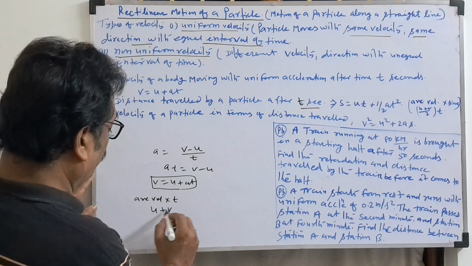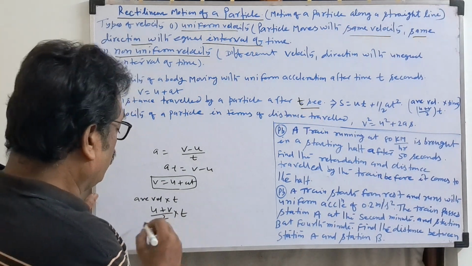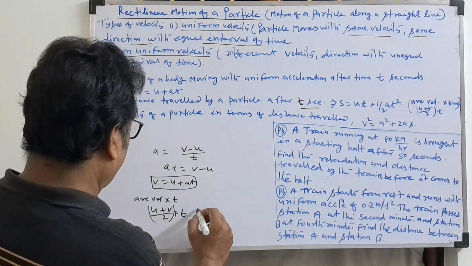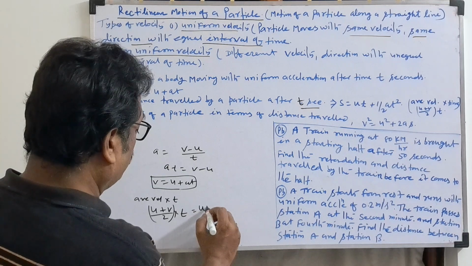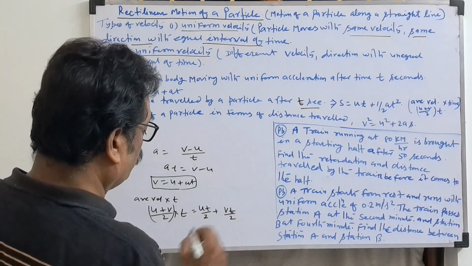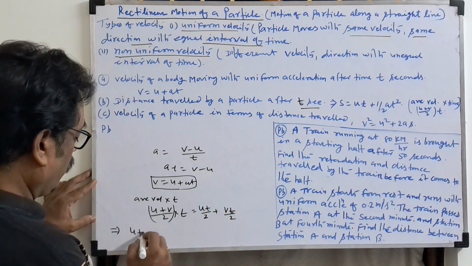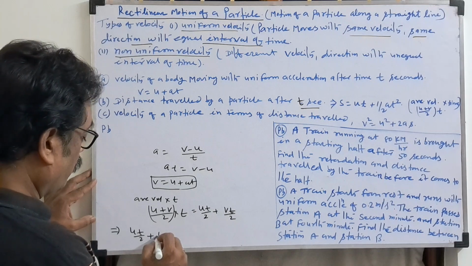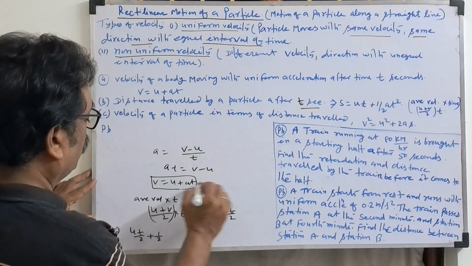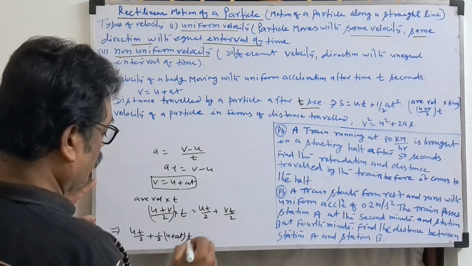Initial velocity plus final velocity divided by 2, multiplied by t. So we can write ut by 2 plus vt by 2. Now again we can write ut by 2 plus half vt, and v is nothing but u plus at, so u plus at into t.